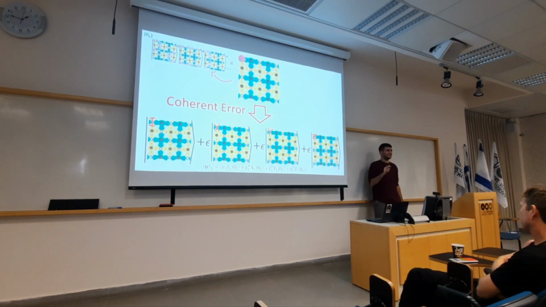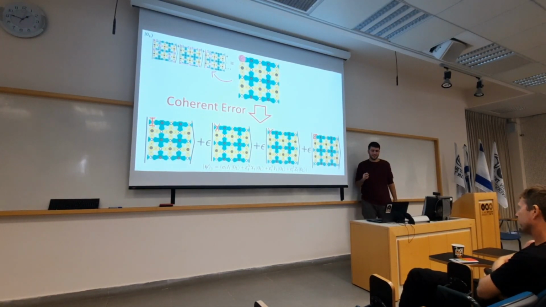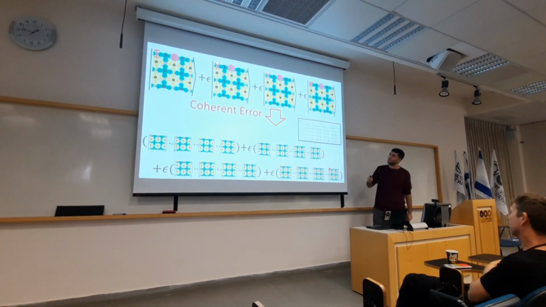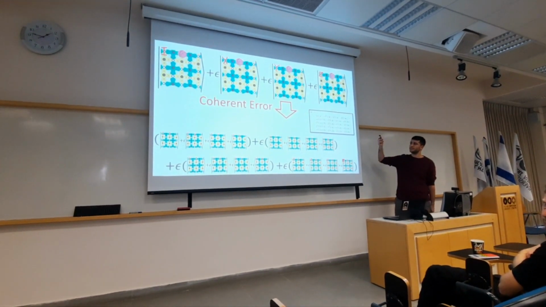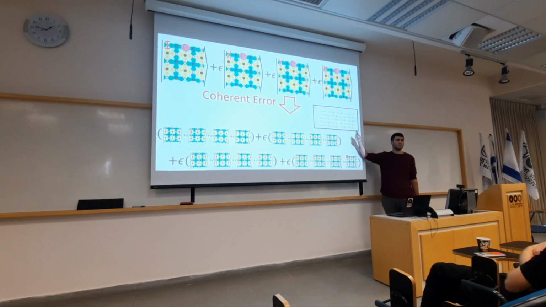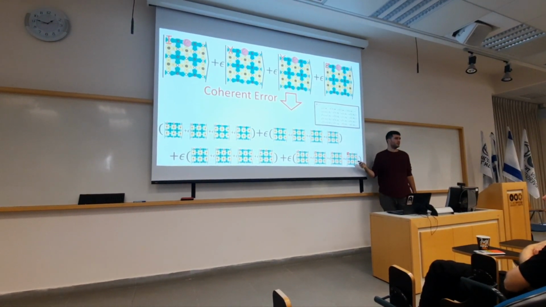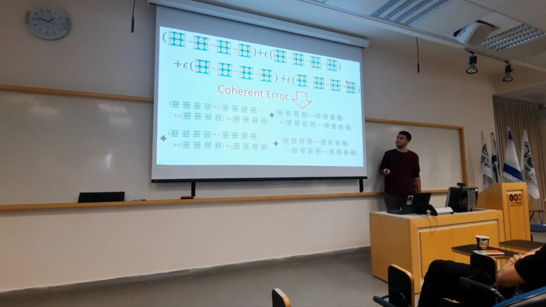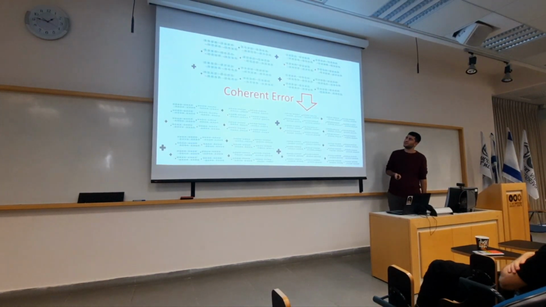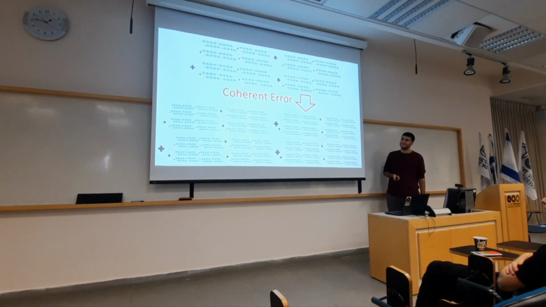Questions so far? So now we ask ourselves what happens when we apply it on the second qubit. So the world, for the same reason, splits again into 16 worlds. So you can guess how nasty it becomes when I continue to add more and more coherent errors.